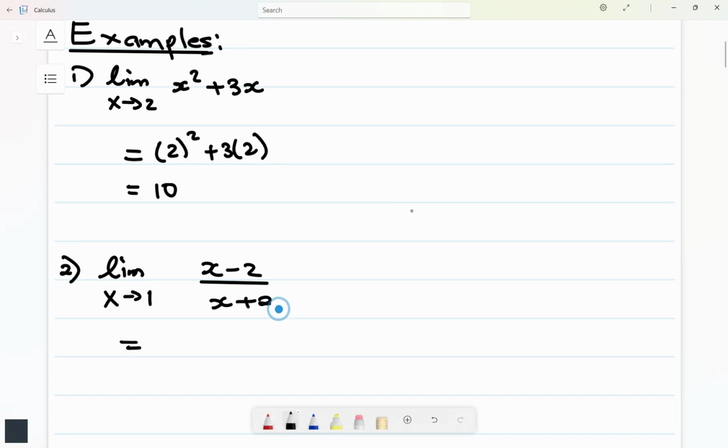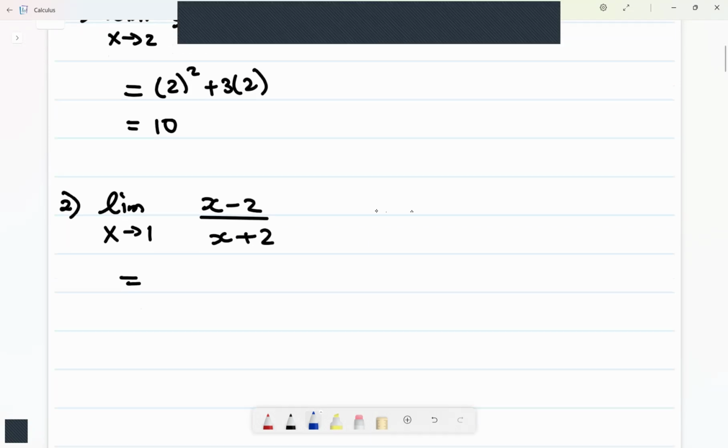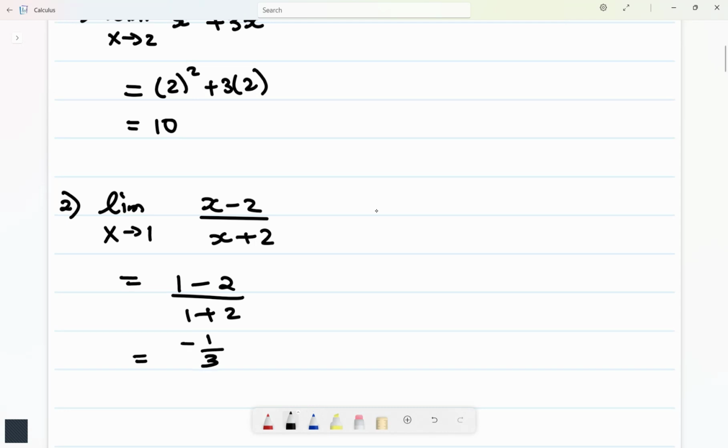What you have to check first is whether it is possible to substitute 1 in the denominator and it does not give us 0. What you don't want to find is something divided by 0. Remember, this is undefined, so you want to make sure that you cannot divide by 0. So in this case, it does not breach any rules, so we can directly substitute and say 1 minus 2 divided by 1 plus 2. This gives us negative 1 divided by 3.